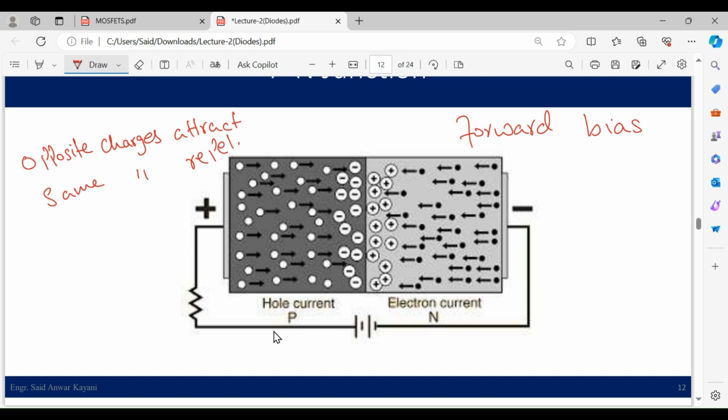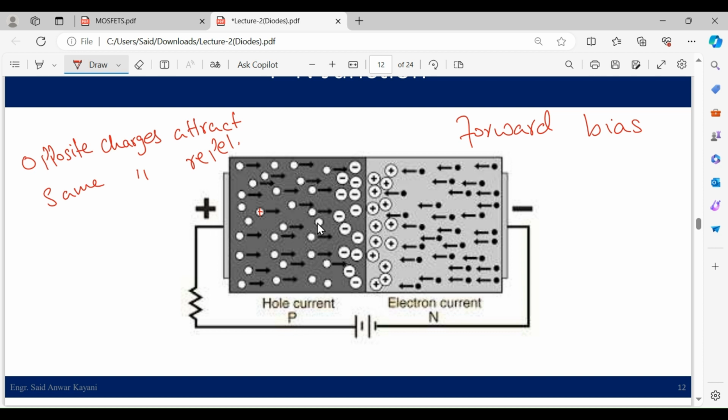Now this is the positive of the battery, so it has positive here, and these are the holes, and they have positive charge. Holes have positive charge, so positive charges will repel each other.